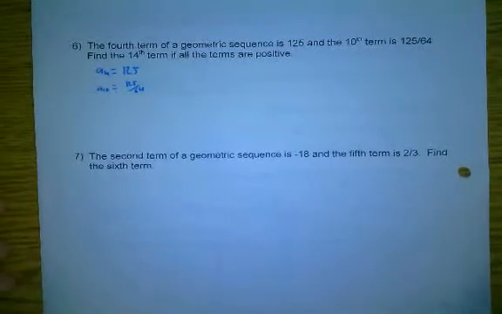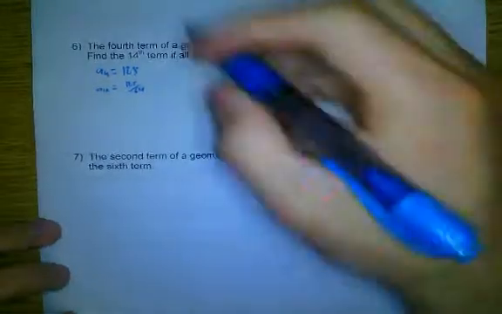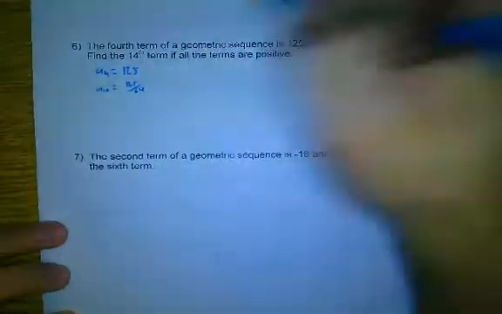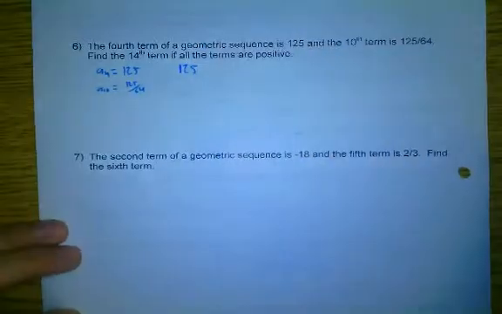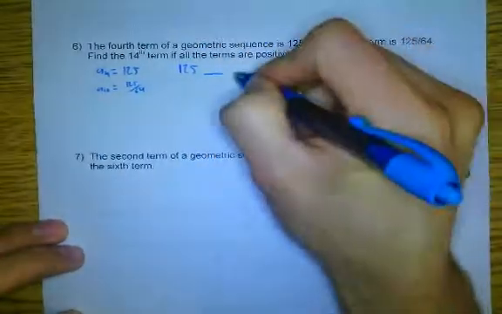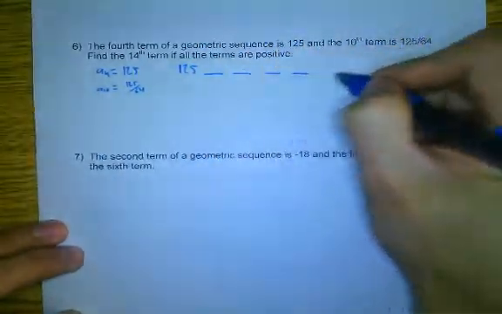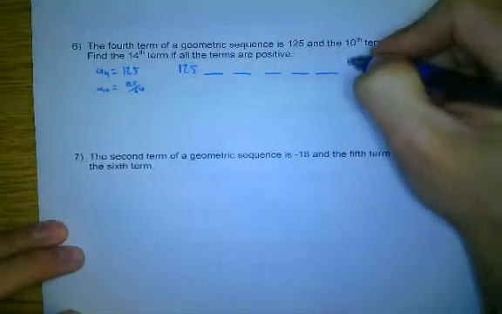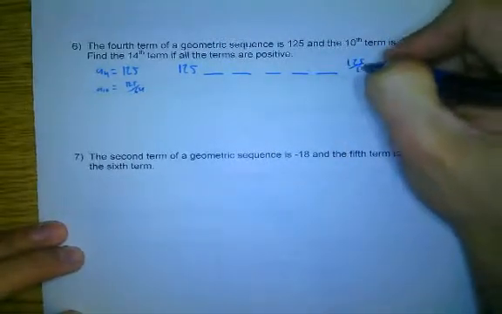Not quite. Let's think about this one. Here's what I'm going to set up. I know that the fourth term is 125, right? And then you're going to have a fifth, sixth, seventh, eighth, ninth, and then your 10th term is going to be 125 over 64. You guys agree?